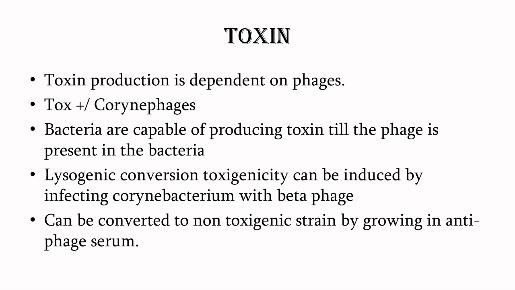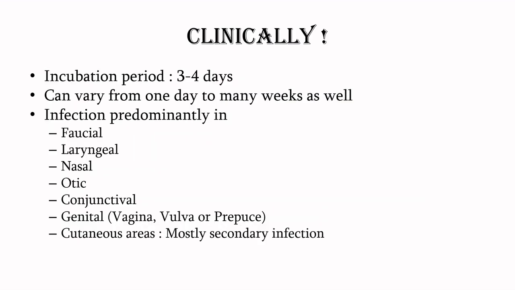Here, these phages are called tox-plus phages or corynephages. Once the phage is associated with the bacteria, it is able to produce toxins. Lysogenic conversion happens, and the bacterium continues to produce this toxin. If you want to remove the phage action, you can grow it with an anti-phage serum, so the phages will not be able to exert their action and the toxicity will be reduced.